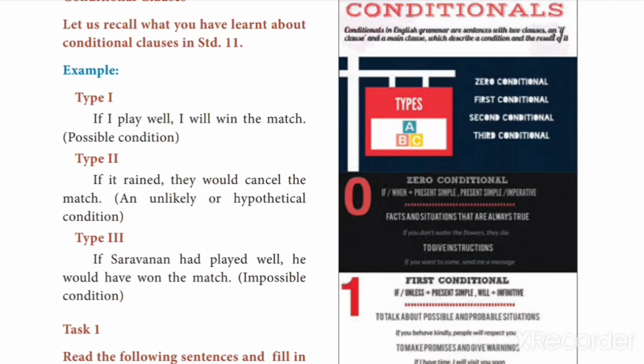And an example for this is, if you don't water the flowers, they die. And another use of this conditional is to give instructions. And the example is, if you want to come, send me a message. So this is about zero conditional.